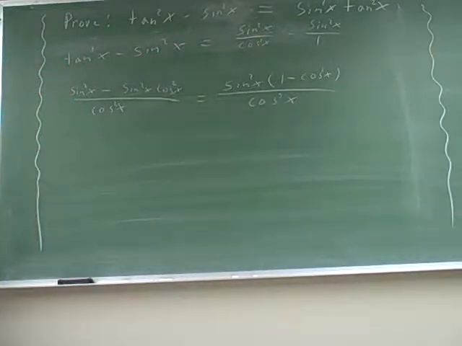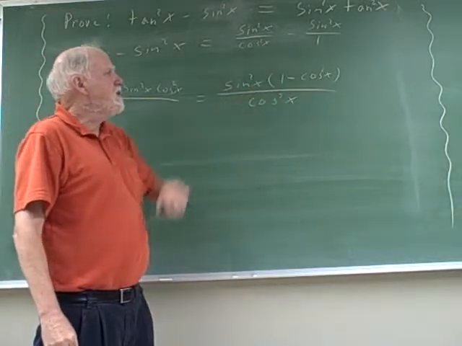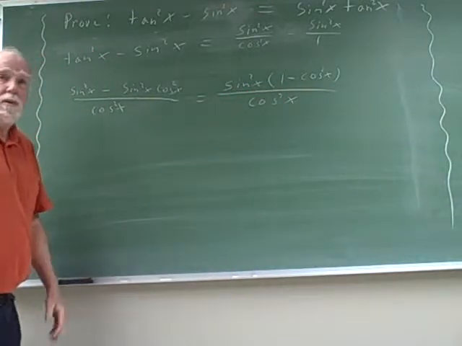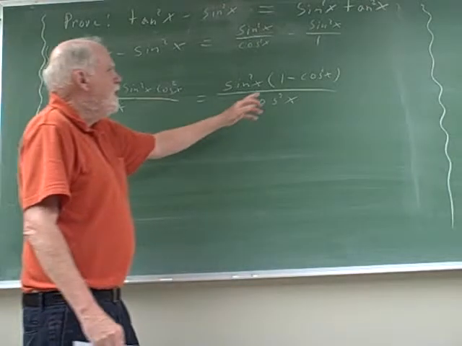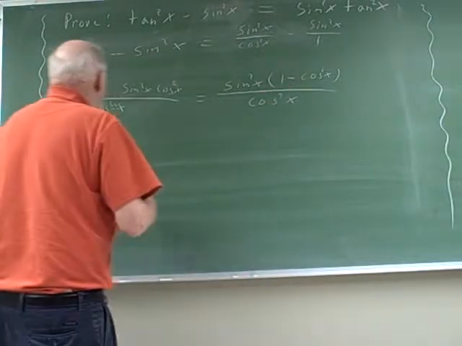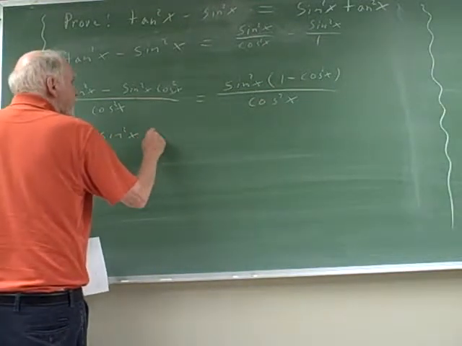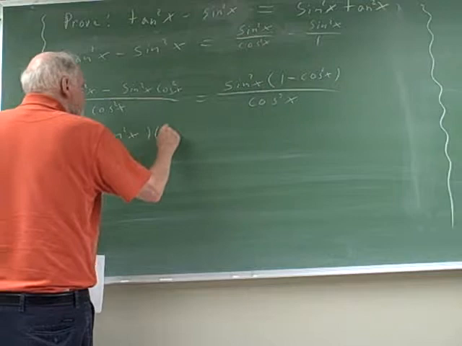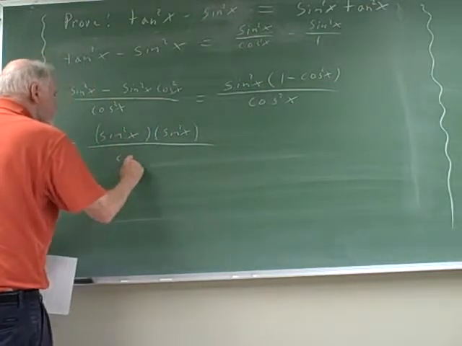Now I know from my Pythagorean identity that 1 minus cosine squared is sine squared, because sine squared plus cosine squared equals 1. So 1 minus cosine squared is sine squared. So this equals sine squared times sine squared x, okay, over cosine squared x.